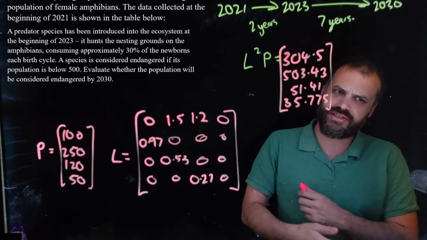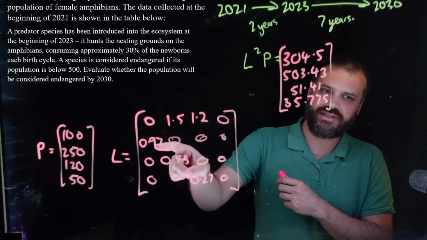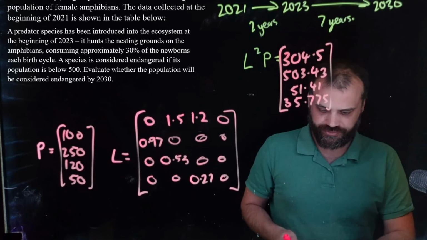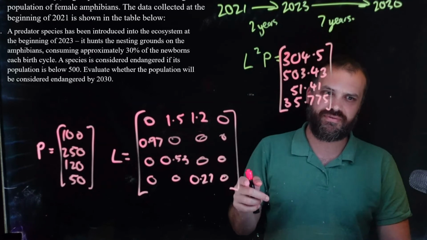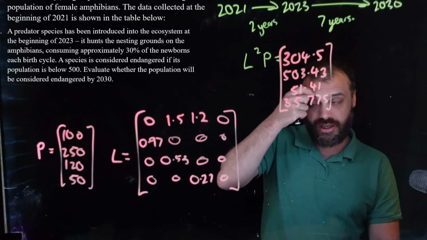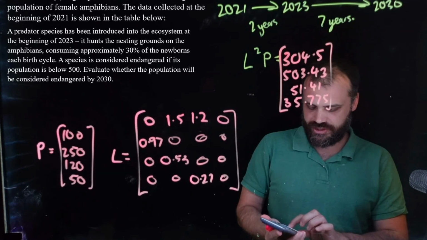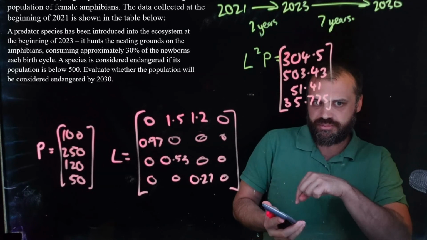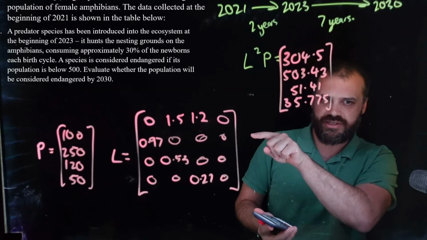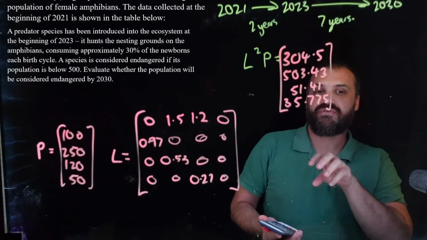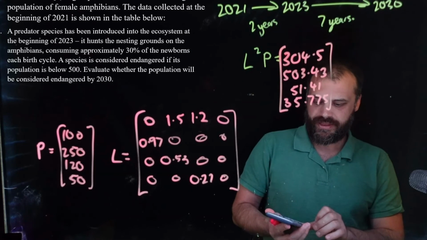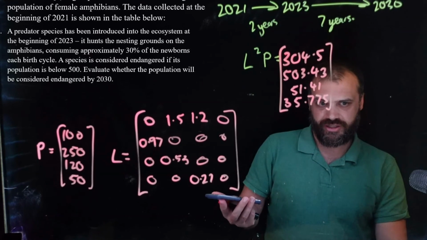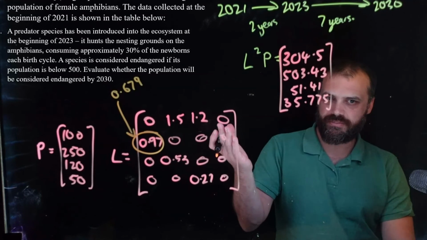So I don't think it's as simple as just decreasing this number by 30%, just writing 0.67. I think we actually have to do 0.97 times 0.7. So of the 97%, let's find out what 70% of that is, because that's what will survive. 0.679. So that's the only alteration I think I need to make.